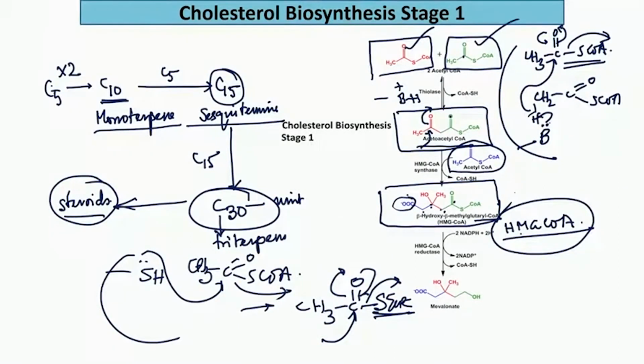Now, what happens? Whatever the thioester was, that is now reduced by a NADPH mediated enzyme. So, you will get a compound where the thioester is reduced to the alcohol, that means it is a reduction from acid to alcohol. So, it first goes to the aldehyde and then goes to the alcohol.